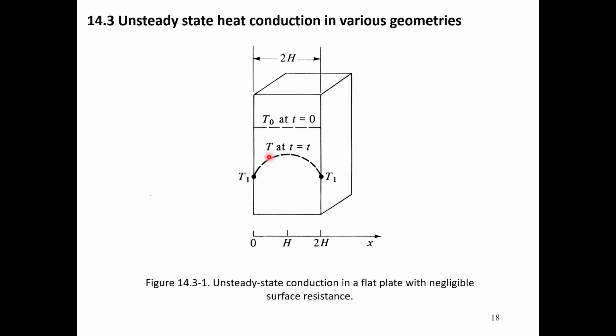At t equal to 0 at any x, this is your initial condition: we know that T is equal to T naught. Initially T is equal to T naught, and at any time t within the boundaries, at x equal to 0 or at x equal to 2h.